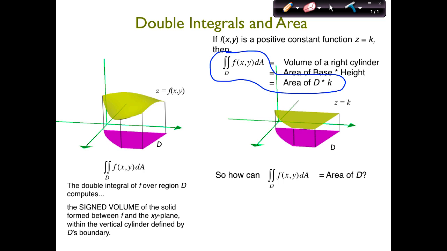No, I'm not asking you to solve both sides for area of D. I want to compute a double integral, and I want it to give me the area of D. What do we do to do that? These guys know. How about in the back? What should I do if I want the double integral to be just plain old the area of D?